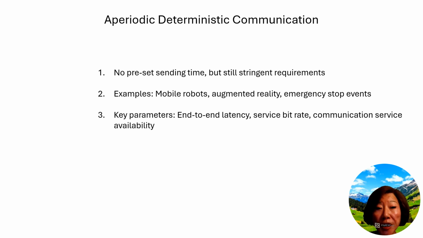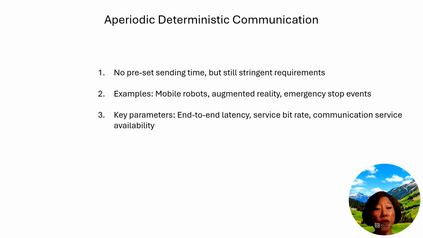Aperiodic deterministic communication often has even stricter latency requirements than periodic communication, as it's often used for critical events. For example, an emergency stop signal might need to be delivered in less than 10 milliseconds. The service bitrate requirements can be high for applications like augmented reality, potentially reaching tens of megabits per second.